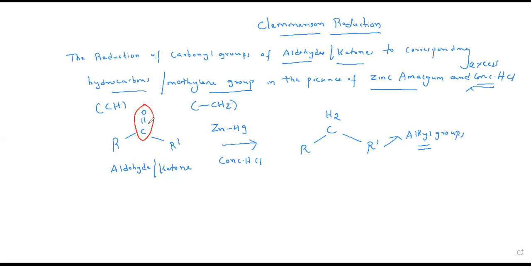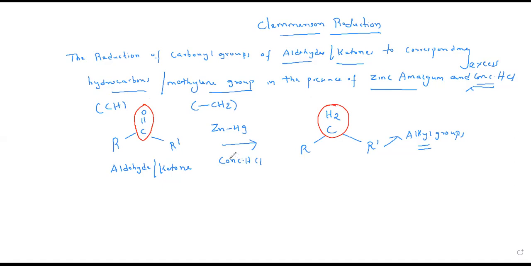So this ketone functionality has been converted into methylene group, CH2. You know, reduction is nothing but removal of oxygen and addition of hydrogen atoms. That process you can call it as reduction. So this can be done in the presence of zinc amalgam and concentrated HCl.